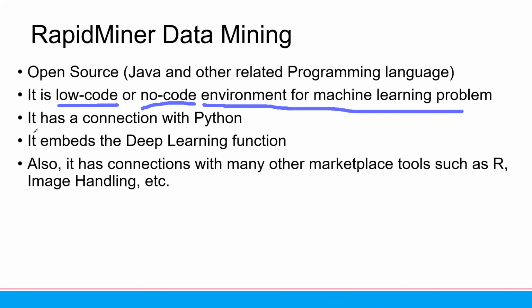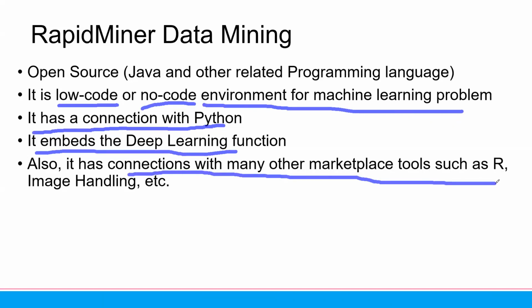The benefit of this one is that it has a connection with Python, and you can embed the deep learning function. So with some drag and drop, you can use the deep learning function, and it can connect to many other marketplace tools. Let's say you want to use R, you can connect with R. Or if you want to use images, let's say computer vision, it also has the function to handle images.